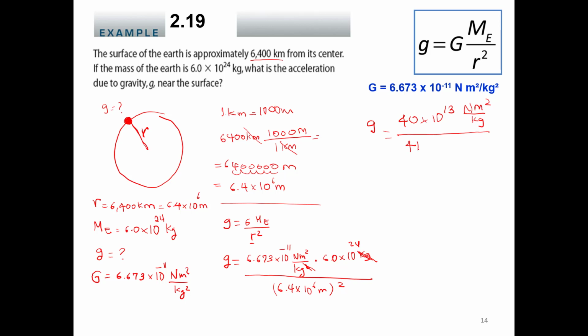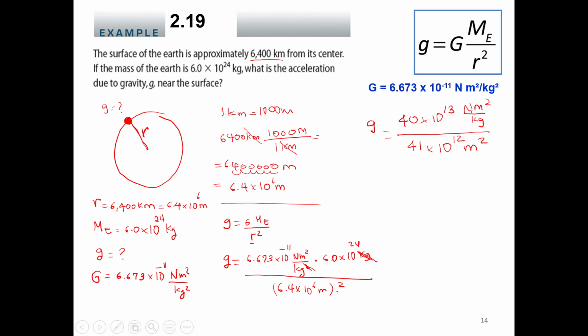Let me write the 41 better. Now we need to square everything. 10 to the power 6 to the second power, we multiply the exponents, 10 to the power 12.